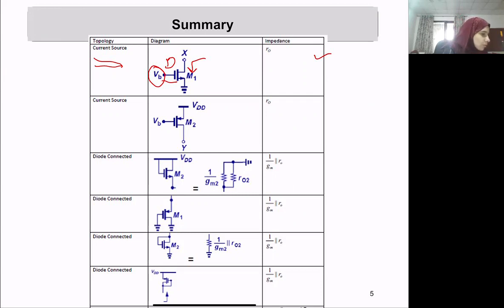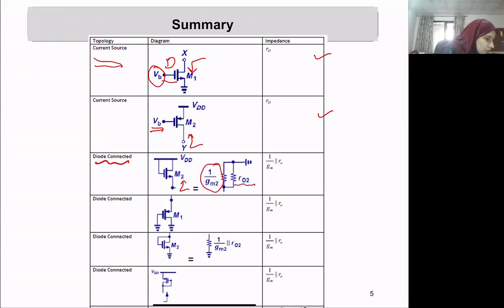Similarly, this is a PMOS. So the gate is connected to a DC voltage, and we are looking from the drain side up here. Therefore, we will also see an impedance of R out. Now, this one here, we call it the diode connected. If I am looking from the source side, again, I will see 1 over Gm.